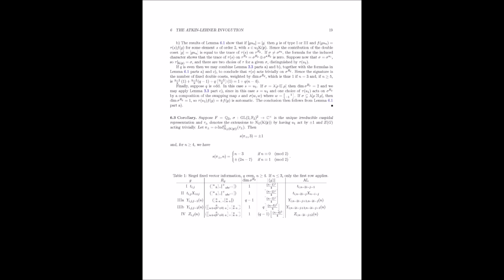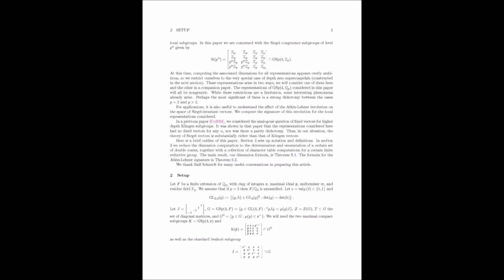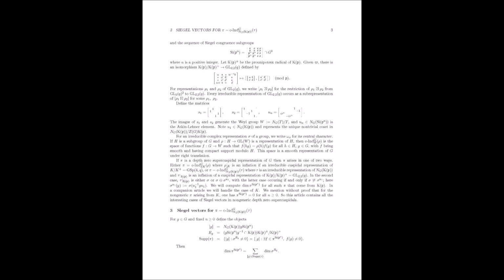No. He goes on to explore some fascinating properties of the Atkin-Lehner involution. Yes, that Atkin-Lehner involution, that's a good one. We've talked about its signature. But what other secrets does it hold? Well, Cohen delves into how the Atkin-Lehner involution interacts with those double cosets in sup. And he discovers that in certain cases, the involution actually fixes specific double cosets, meaning it maps them onto themselves.